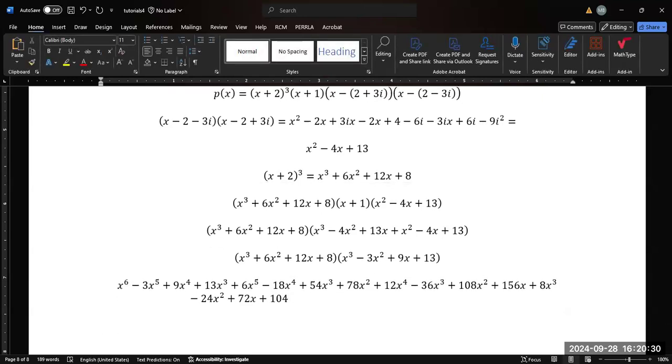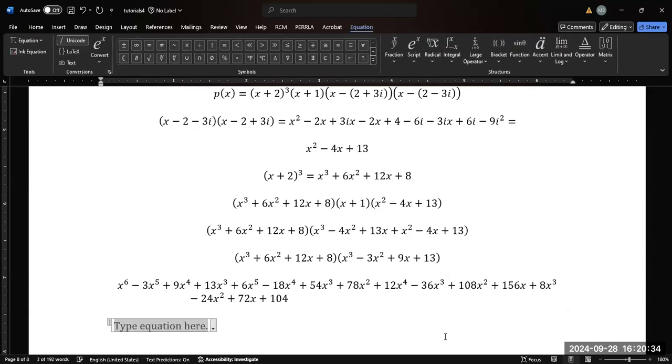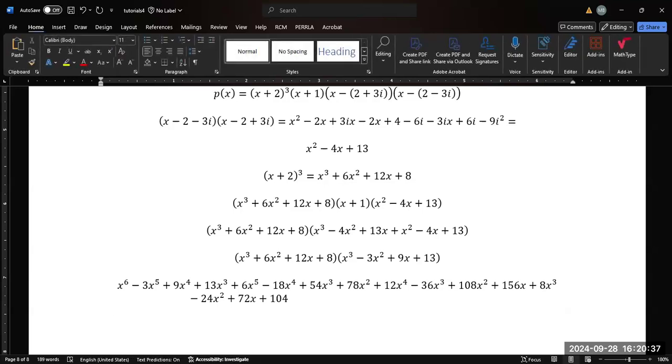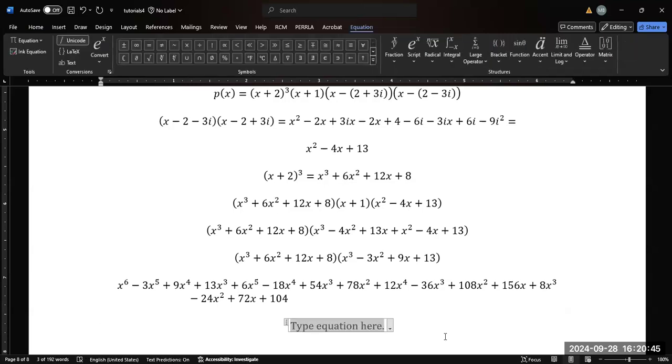And if we try to combine like terms, we have x to the sixth. Here is our 2x to the fifth, so minus 3x to the fifth.